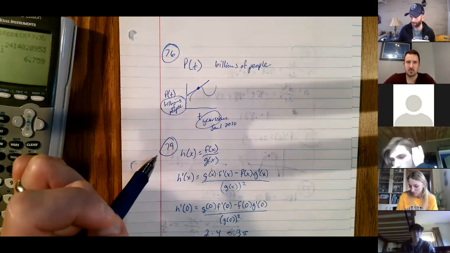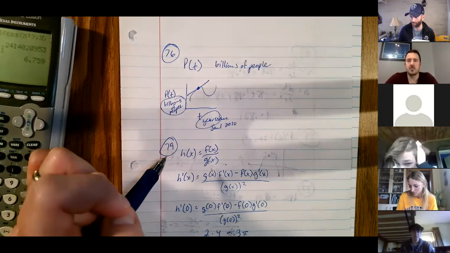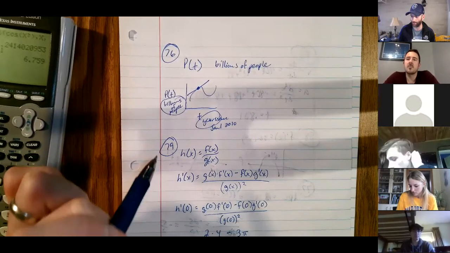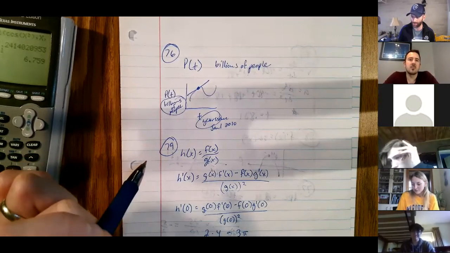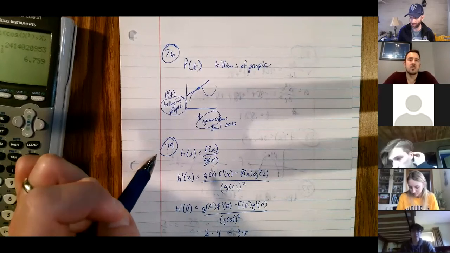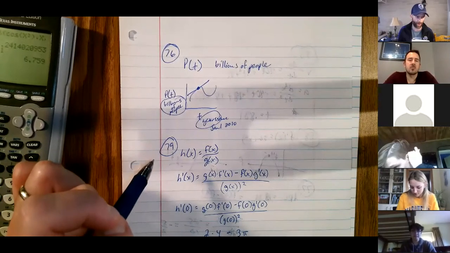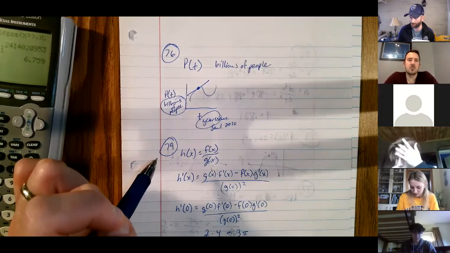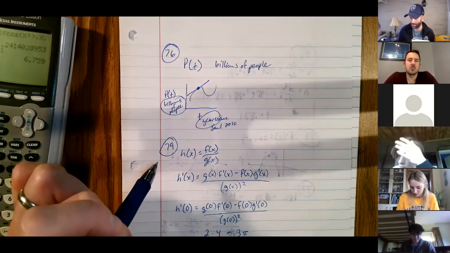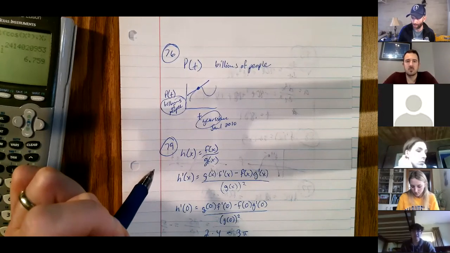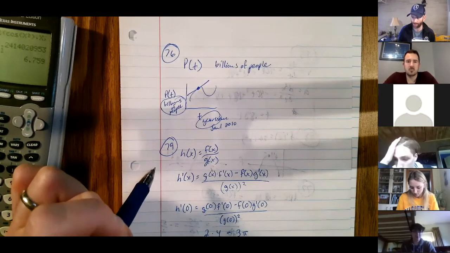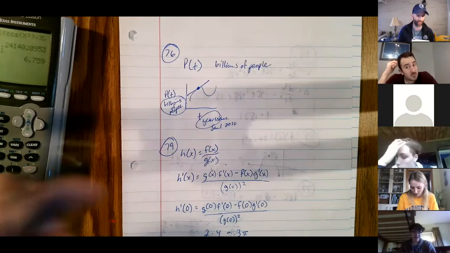The population of the world was increasing at a rate of 0.076 billions of people per year. So C is wrong because that is just talking about P of 1, not P prime of 1. And A would be wrong because that would only be 1 month since January 1st, 2010. So that would be the common mistake with that one.